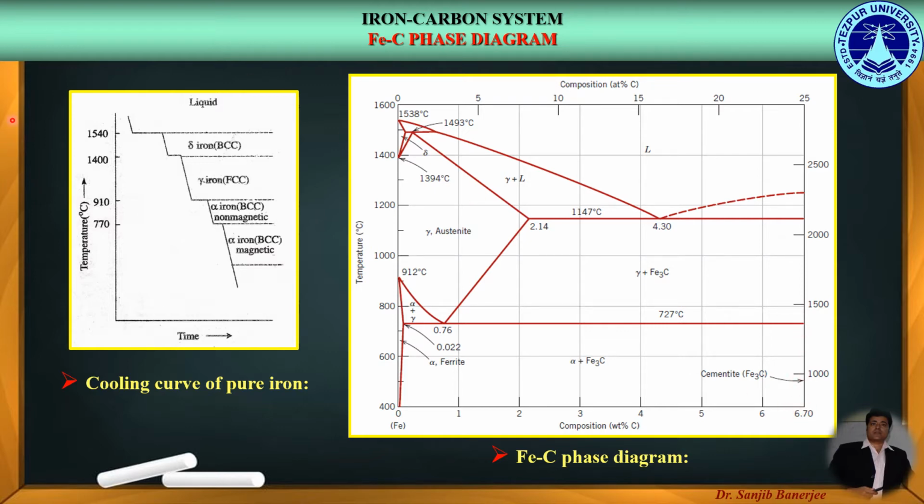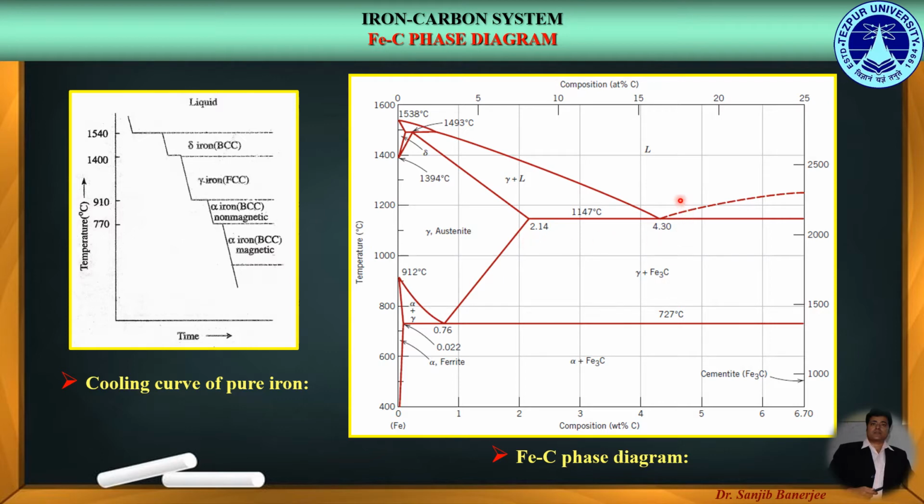Let us now talk about a few relevant points and temperatures in the iron-carbon phase diagram. Firstly, the maximum solubility of carbon in ferrite or alpha iron is 0.022%, which is denoted by this point, while the maximum solubility of carbon in austenite or gamma iron is about 2%.